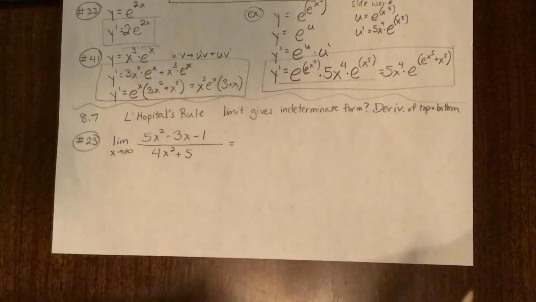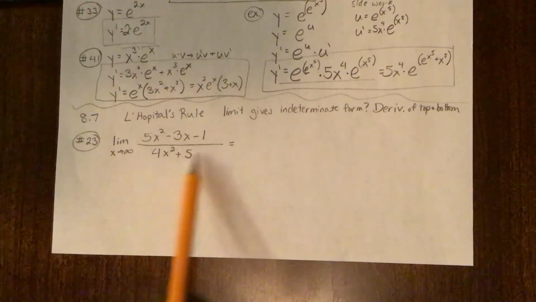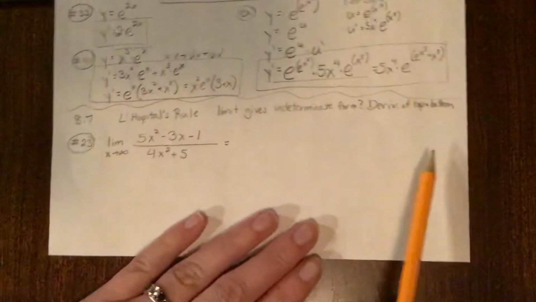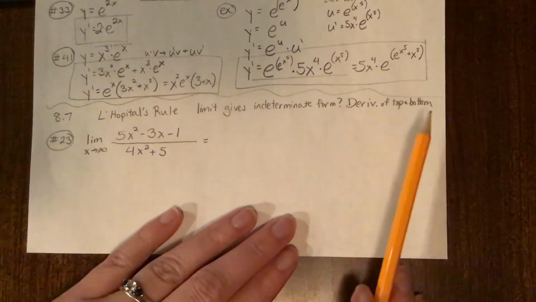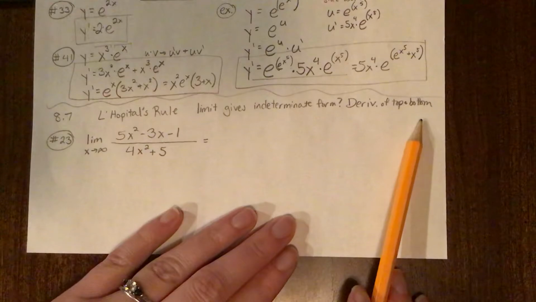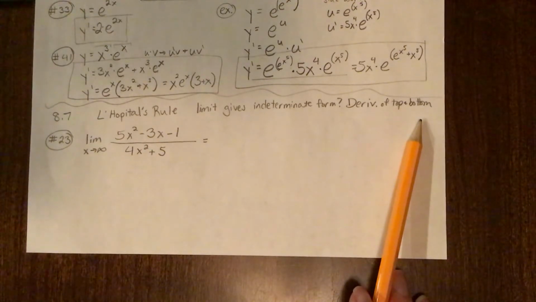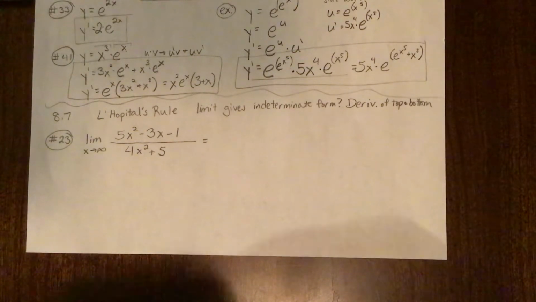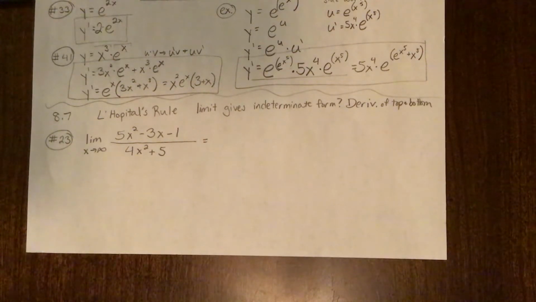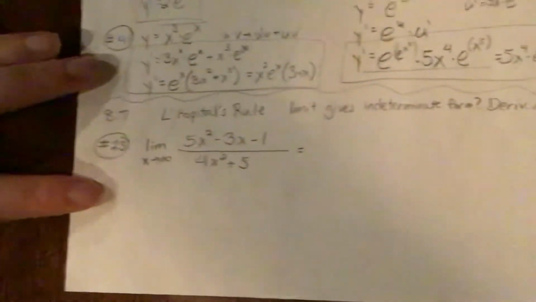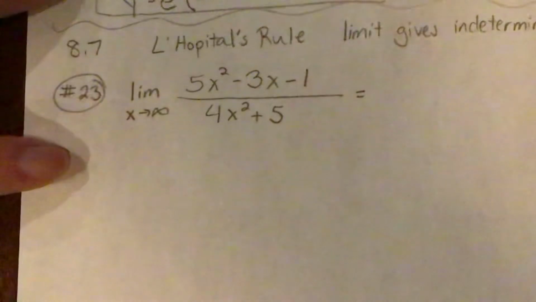So what L'Hopital's rule says is that we're going to take that fraction and take the derivative of the top and the bottom of the fraction. That way we don't have to do a bunch of algebraic canceling, multiplying top and bottom by conjugates, all that messy stuff we're not going to have to deal with. We know how to take some derivatives, so let's put that into practice.